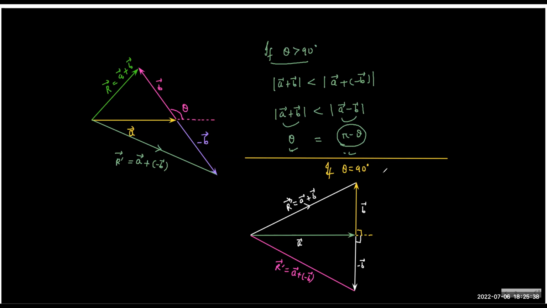So answer of the resultant must be same. So we can say that if theta is 90, then mod of A plus B or mod of A minus B will look the same, isn't it? Will look the same. Do you realize this?